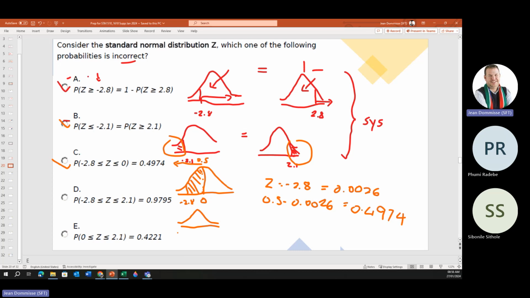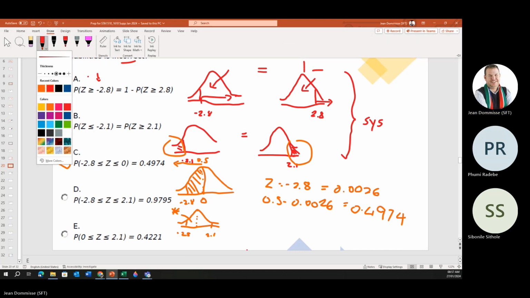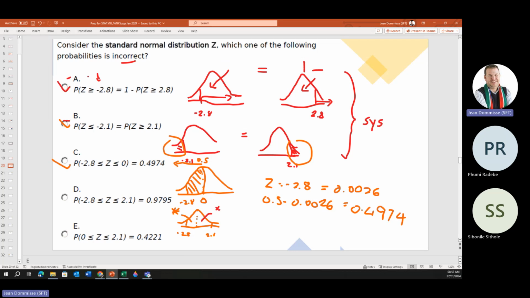Okay, so let's look at the fourth one. Here they want us between minus 2.8, so at least we have that from the top, till 2.1. Okay, so we need to get that area, and then we need to get this area, and we need to add the two of them together. Okay, so to get to the red area, again, sure, there's a few ways to do that.